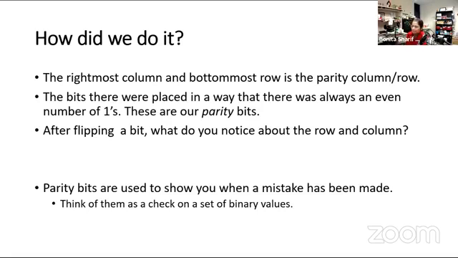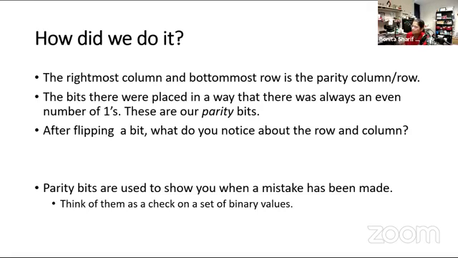What is a parity? Parity is just a bit that acts as a check on a set of binary values. There are different formulas, but in this one, we make the parity either a 0 or 1 to make sure that there is an even number of ones in that row or column.